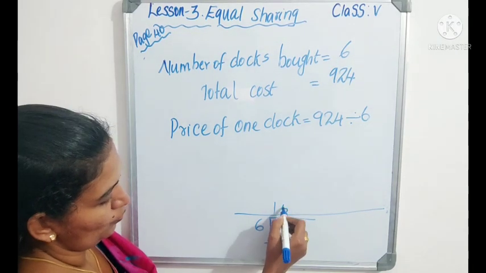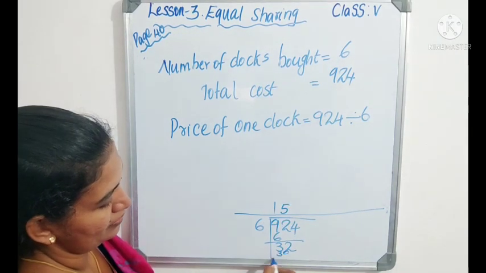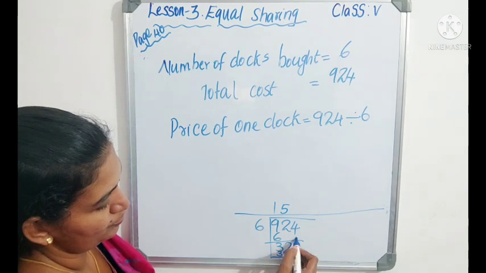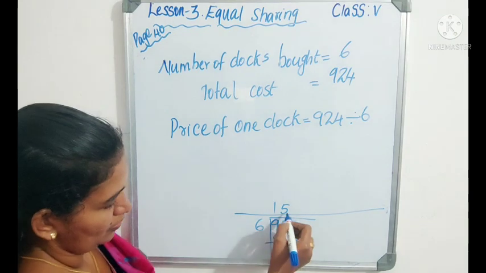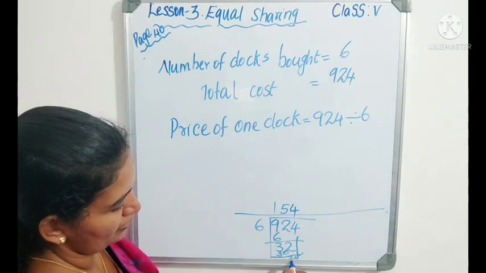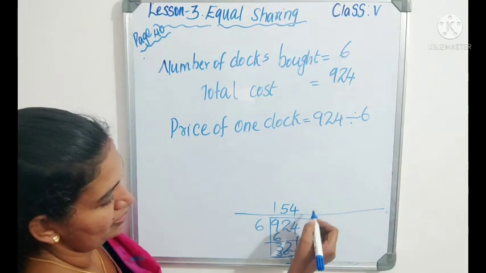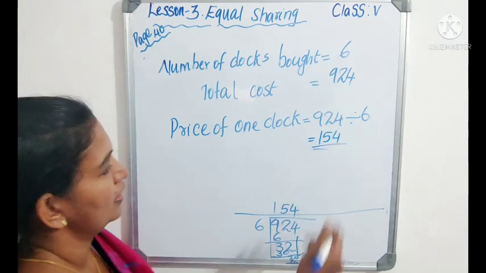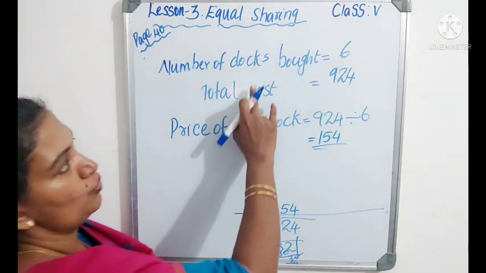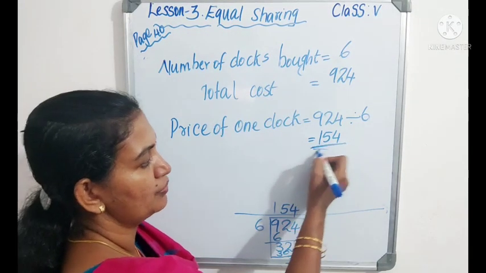Then 5 6s are 30. Again subtract 2. Then 4. 6 4s are 24. Now we got 154. Here the cost of 1 clock is 154.